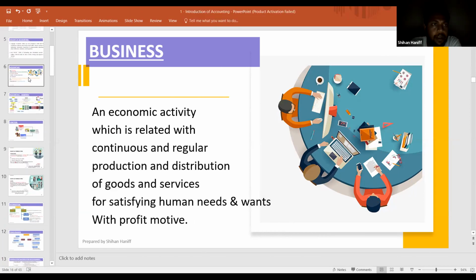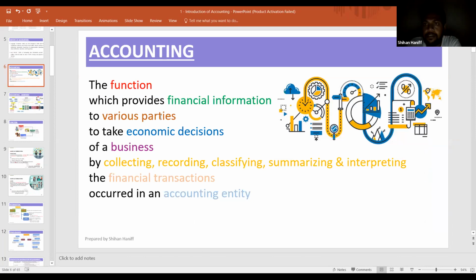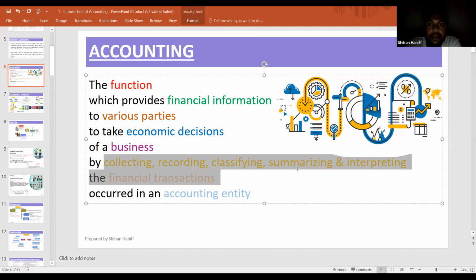Okay, so let's go back to our definition. Right, so from one definition, you are learning the entire chapter. Okay, by collecting, recording, classifying, summarizing, and interpreting. This is the accounting process.